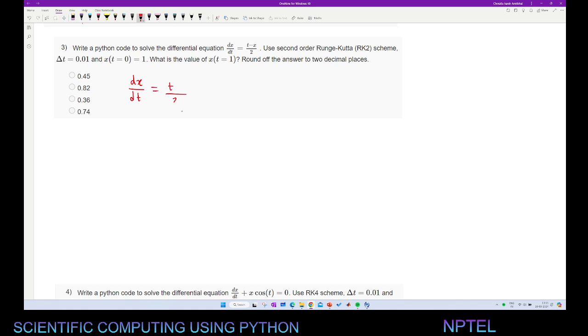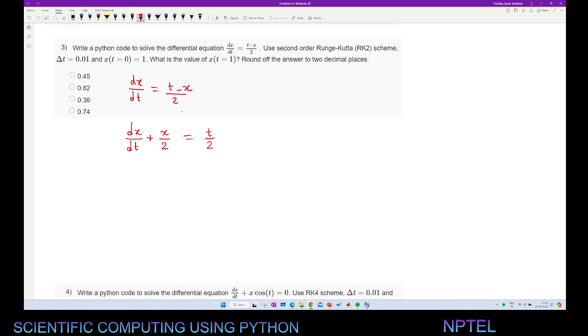So this is t minus x by 2. How do you solve them? First, take the x terms to the left-hand side. It becomes dx by dt plus x by 2 is equal to t. On the right-hand side we have just t. On the left-hand side we have both dx by dt and something which is linear in x.